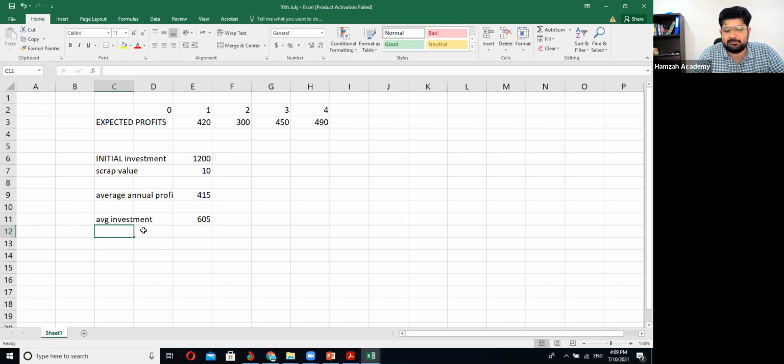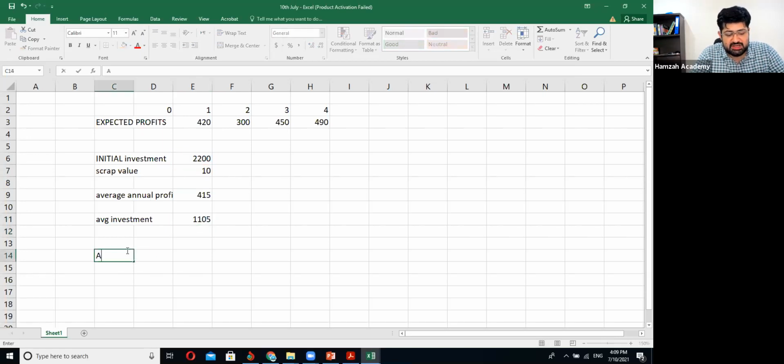Average investment is here. Let me increase average investment to have a good answer. For example, it is 22. So average investment is initial investment plus scrap value divided by 2. This is what we have done.